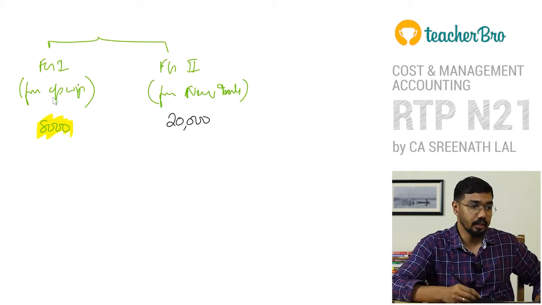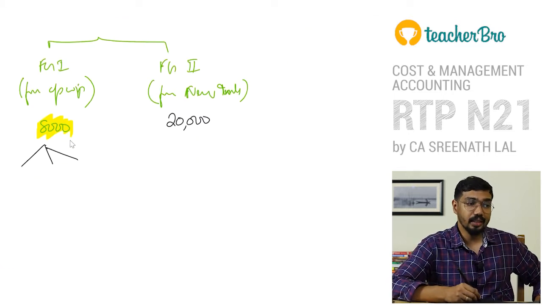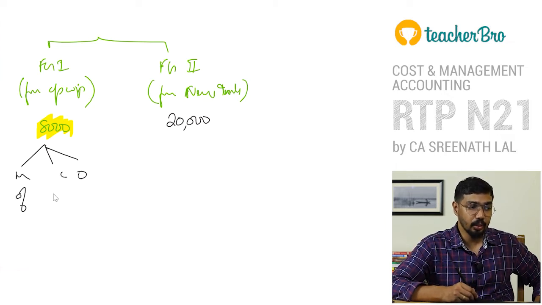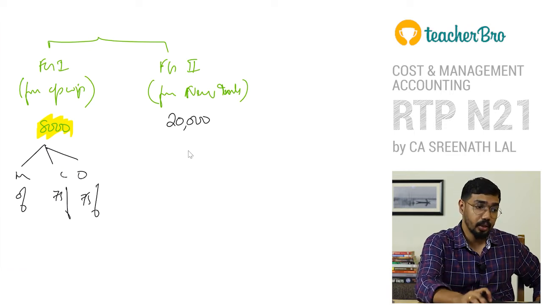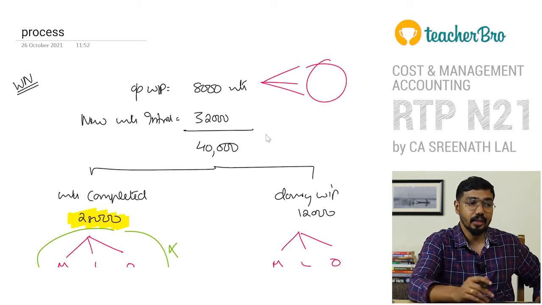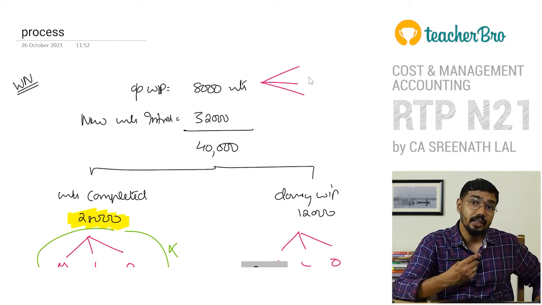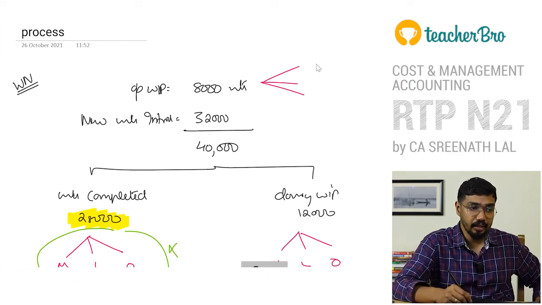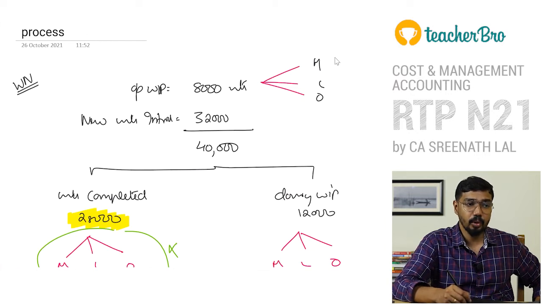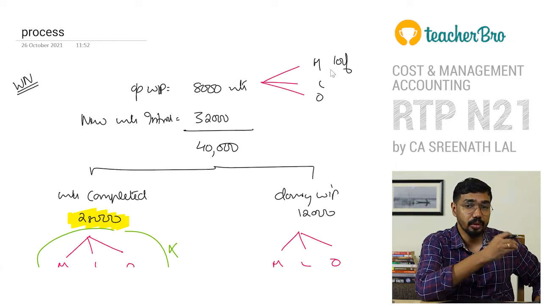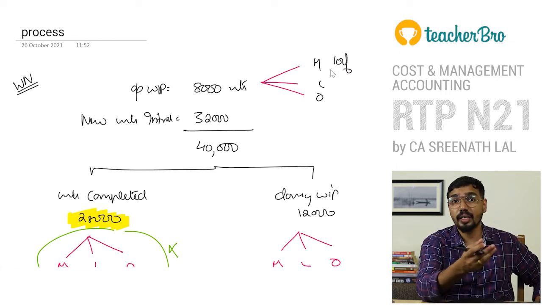So for these 8,000 units my completion percentage will be 0, 75, 75. Why? Because I know that these 8,000 units are already partially completed in the previous period. All material was introduced in the previous period, which means during this period we don't have to introduce any additional material.